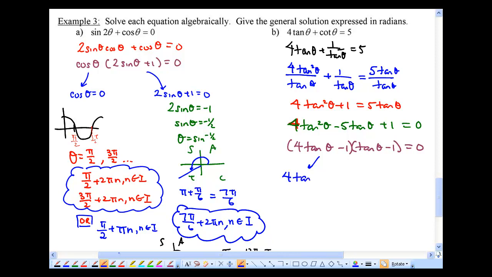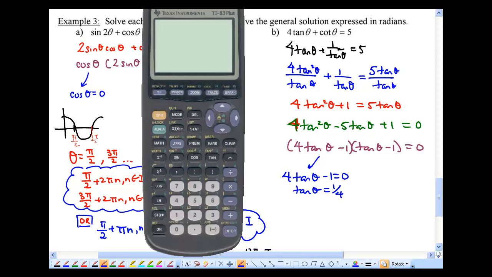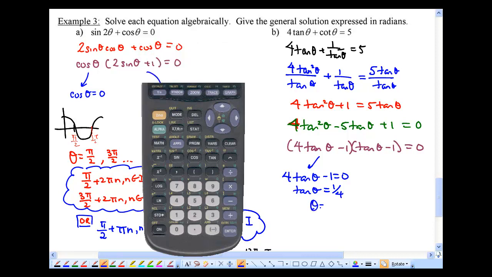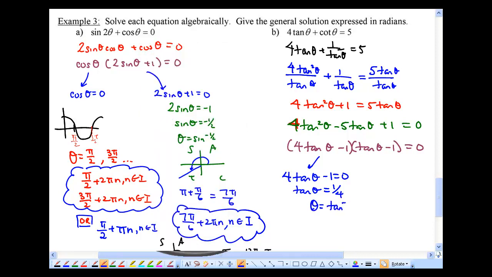For tan theta minus 1/4 equals 0, that just means tangent theta equals 1/4. Solving this is kind of weird because it's not a special angle. Gotta bring out your calculator. Gotta make sure you're in radian mode, and in this case, take the inverse of tangent.